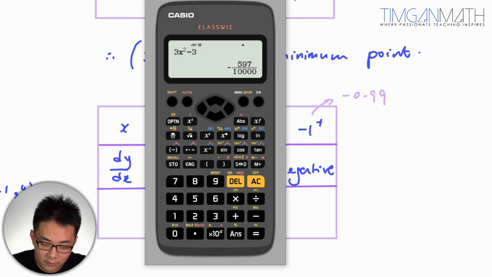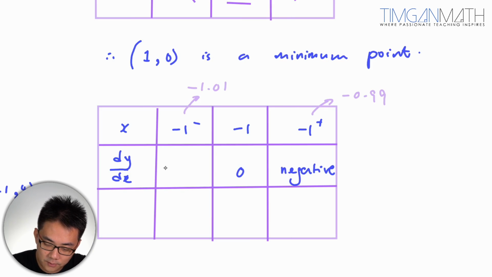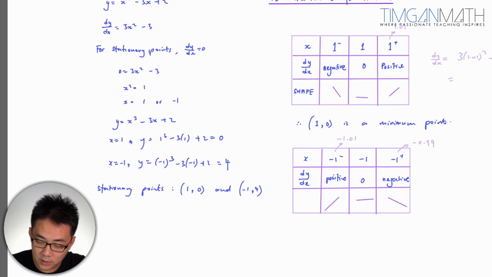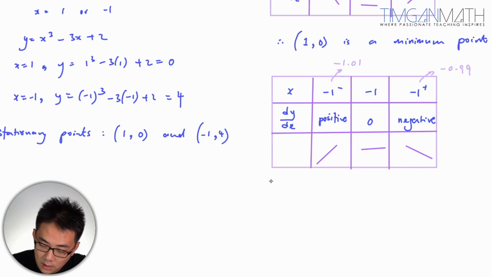Storing negative 1.01 in x, this will be positively sloped. So positive, 0, negative, and this is a maximum, so hence (negative 1, 4) is a maximum point.